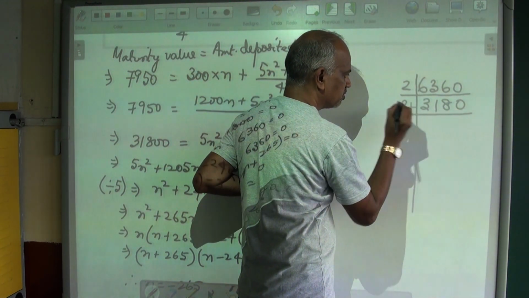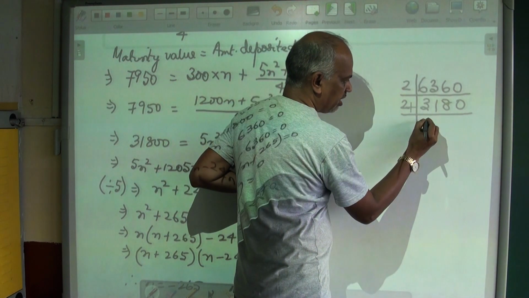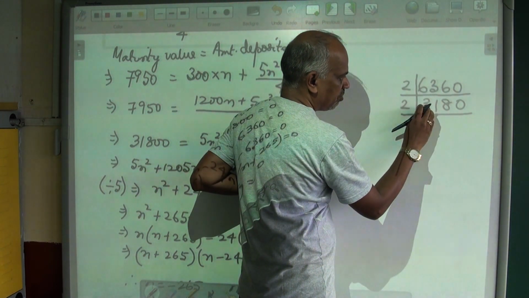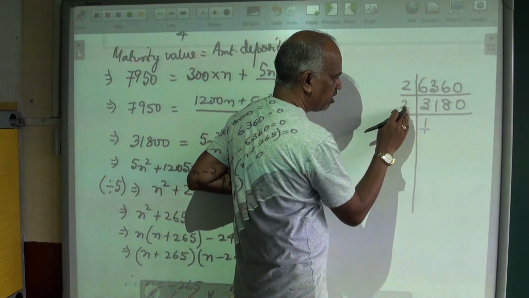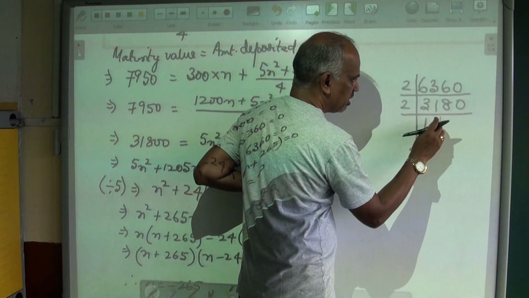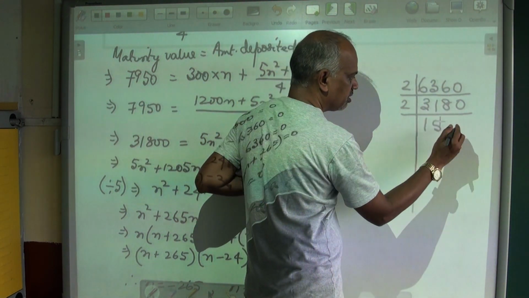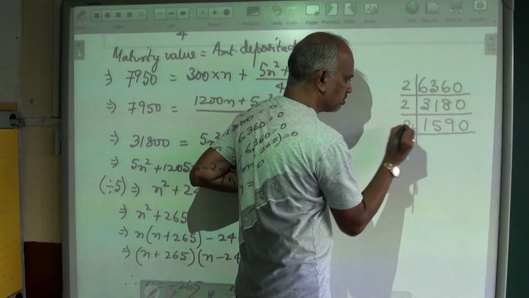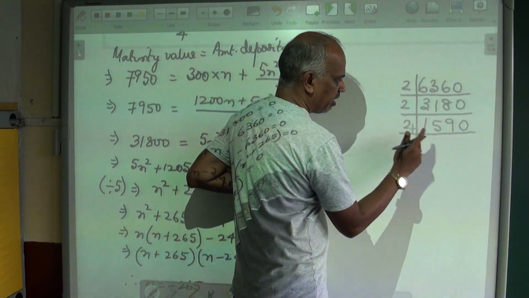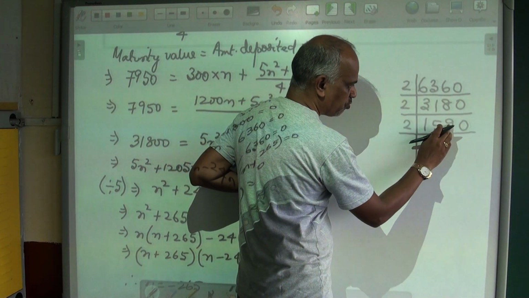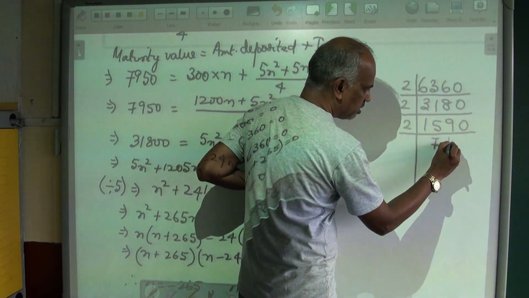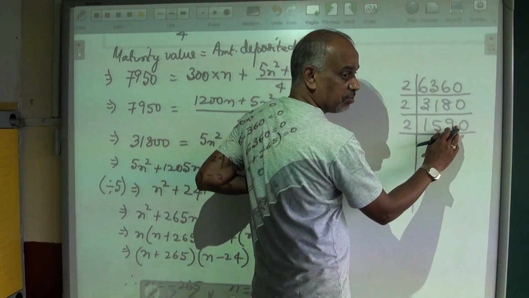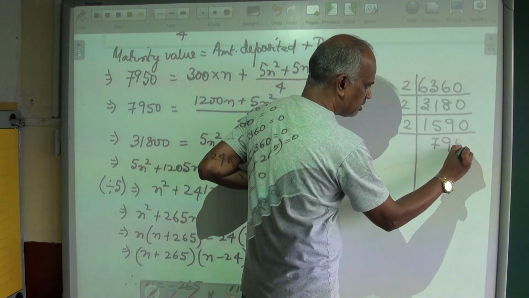Again divide by 2. 3 divided by 2 gives you 1. Remainder 1, this becomes 11. 11 divided by 2 is 5. Remainder is 1, this becomes 18. So this becomes 9 and 0. Again divide by 2. 15 divided by 2 gives you 7. Remainder is 1. 19 divided by 2, 9 times. Remainder 1, this becomes 10. That's 5.